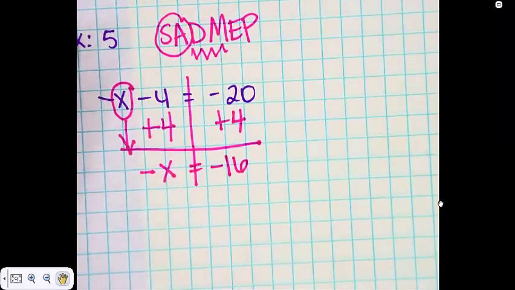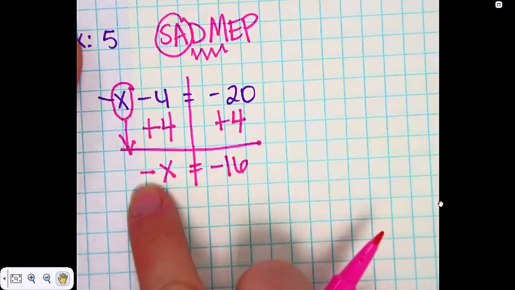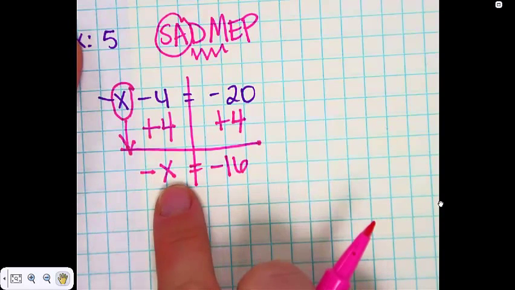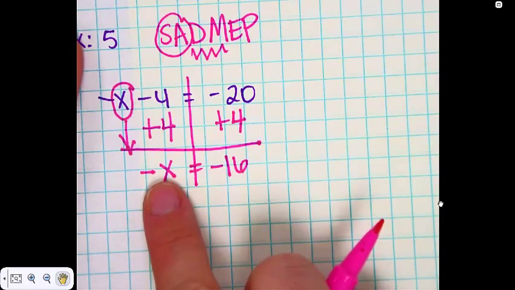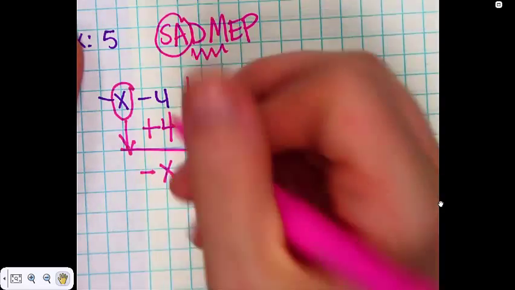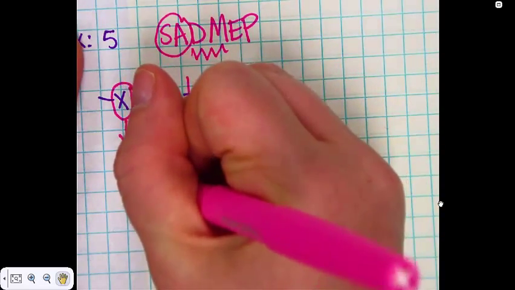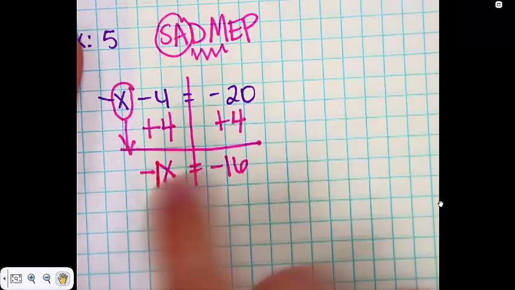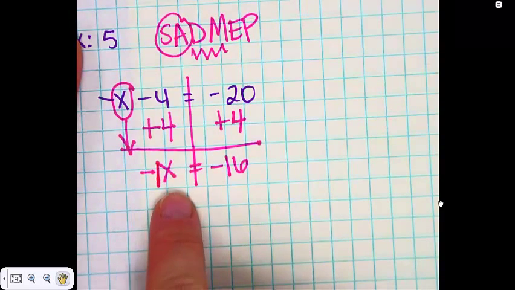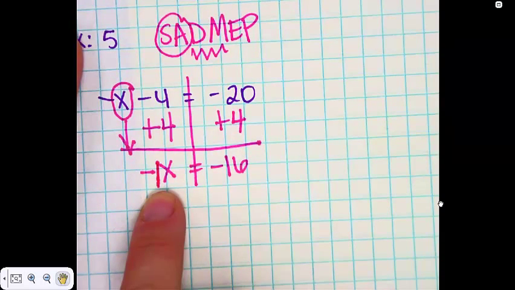Okay, but we're not done yet because I don't want to know what negative x is, I want to know what x is. So remember, if there's a negative sign here, there is also an imaginary 1. This is a negative 1x. So if I want to get rid of a negative 1 next to an x and it's being multiplied, I have to use the inverse.